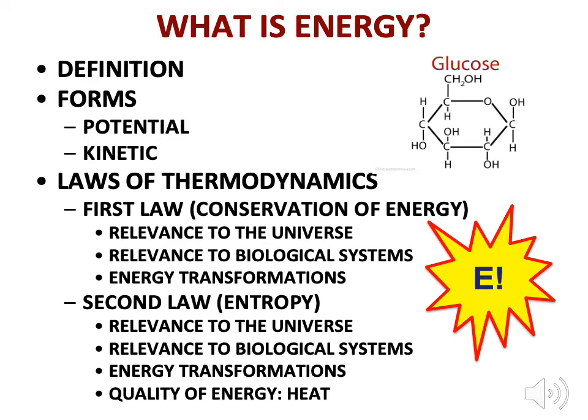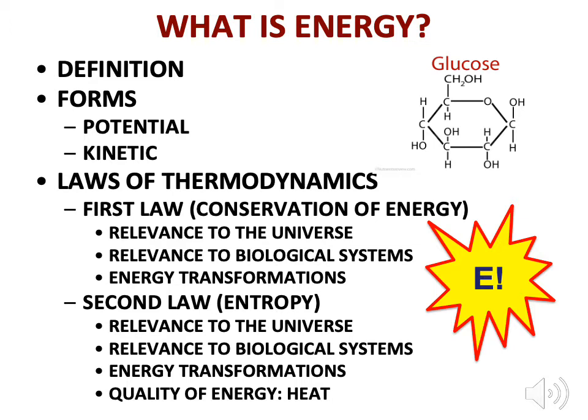But regardless, there's this energy transformation going on, from a high quality form of energy, the stored energy, to a low quality form of energy, heat. So those are energy transformations.